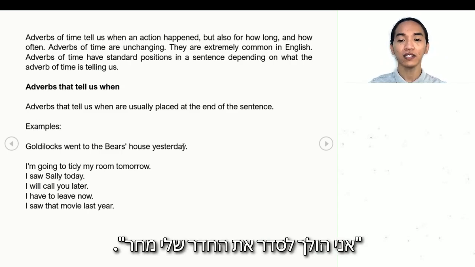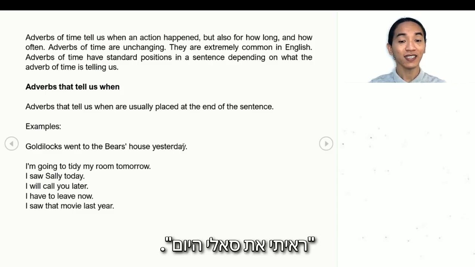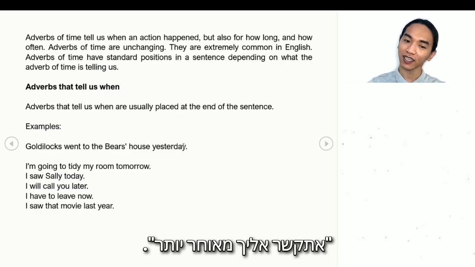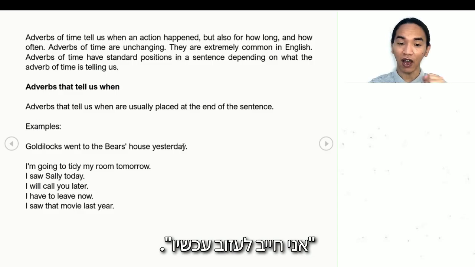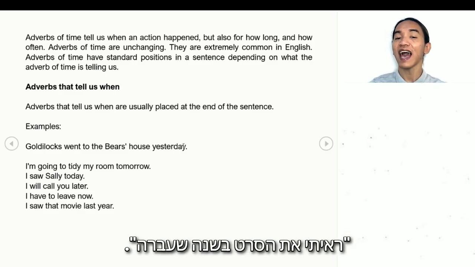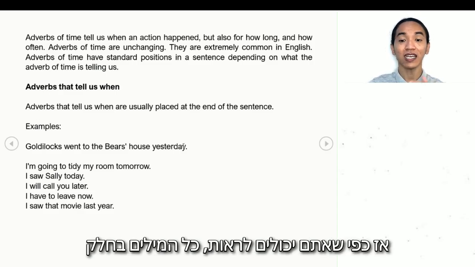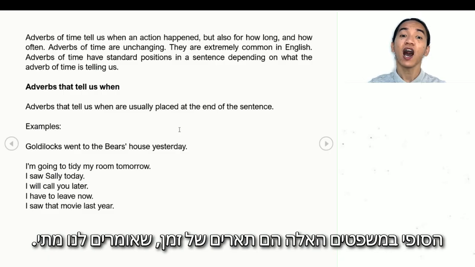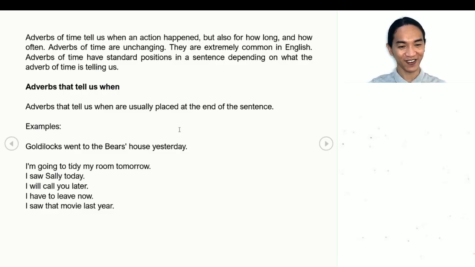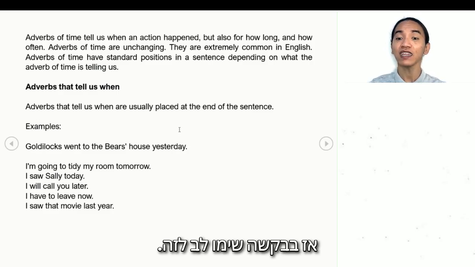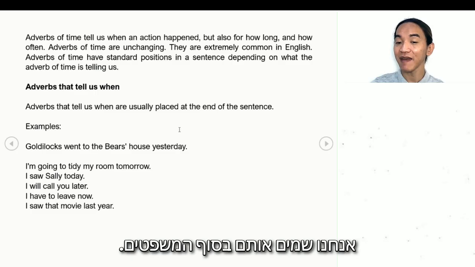I'm going to tidy my room tomorrow. I saw Sally today. I will call you later. I have to leave now. I saw the movie last year. As you can see, all the words at the last part of these sentences are adverbs of time telling us when. So, please take note of that. We put them at the end of the sentences.